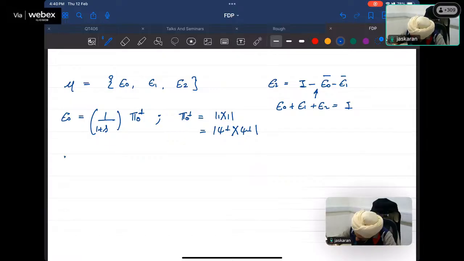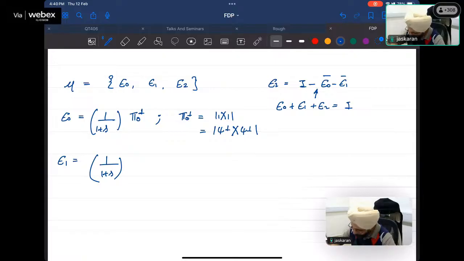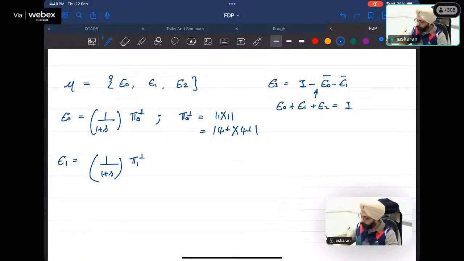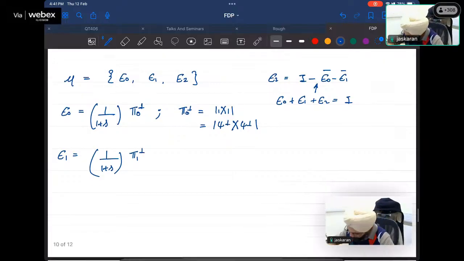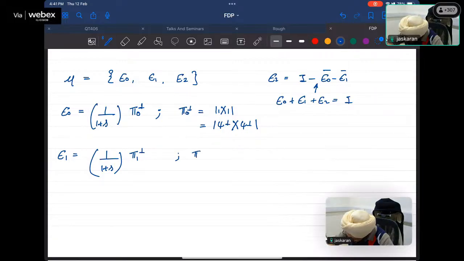Moreover, I can choose E1 as again 1 by 1 plus S. Remember, S is just some parameter that we will talk about later. I will use pi 1 perpendicular, and as you may have guessed, pi 1 perpendicular is nothing but the orthogonal complement of the state phi.